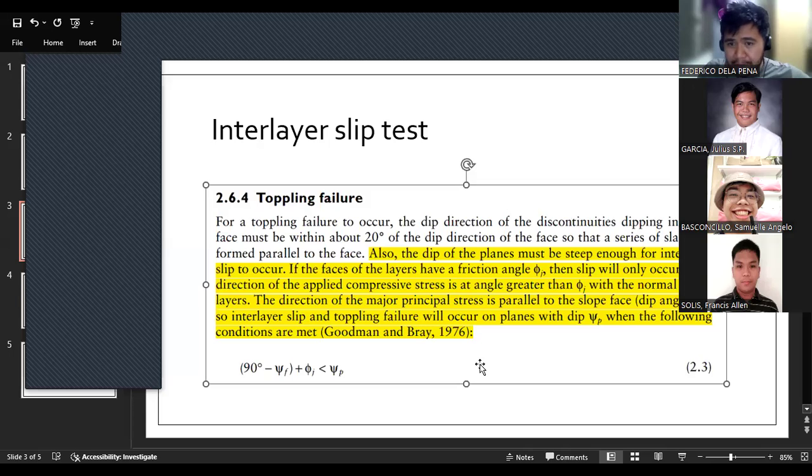That's what we call interlayer friction, and we want some interlayer slip to happen. For that to happen, you have to be able to overcome the interlayer friction between the blocks.